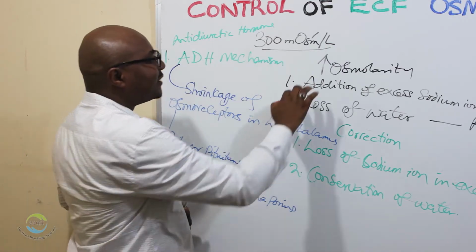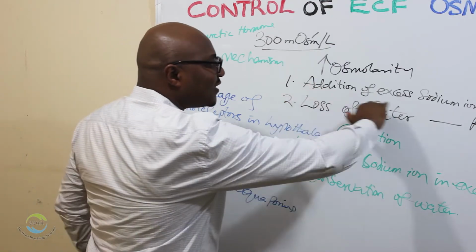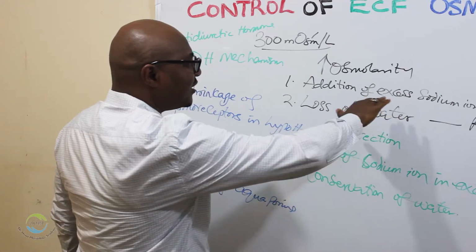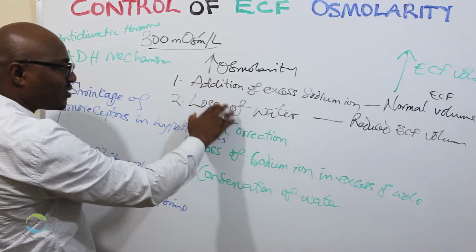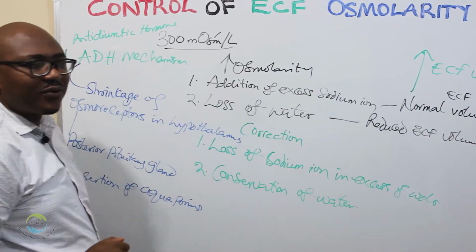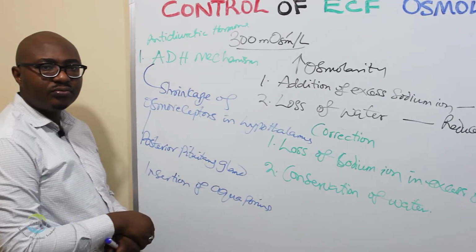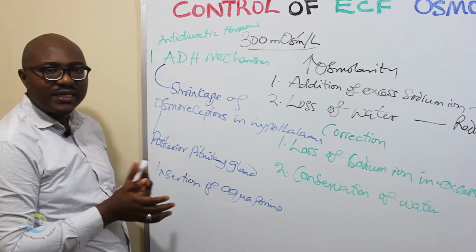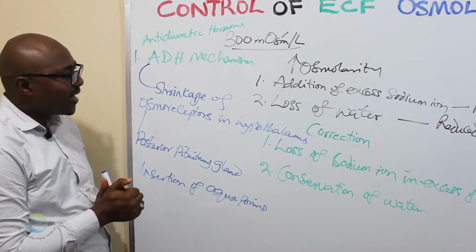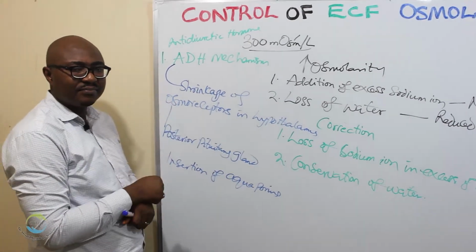But when this, like I said before, if the volume is normal, but there's excess sodium, conservation of water will increase the ECF volume. But that's a problem. So what do you think can happen? Now, there is another mechanism.